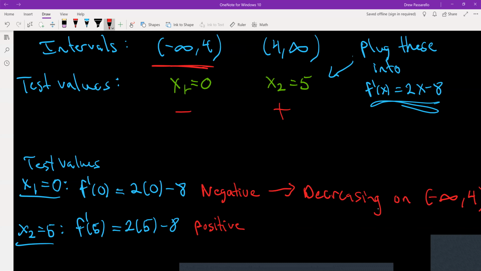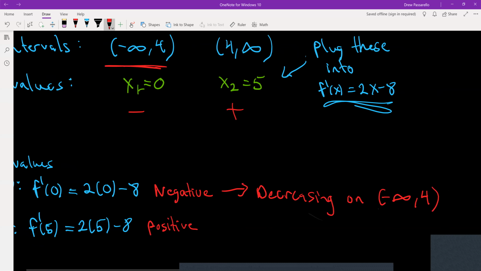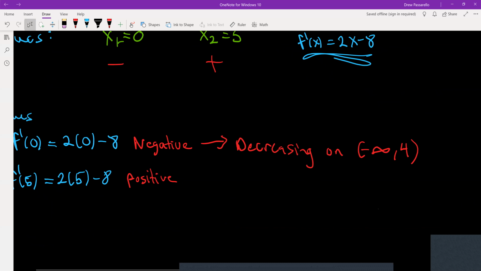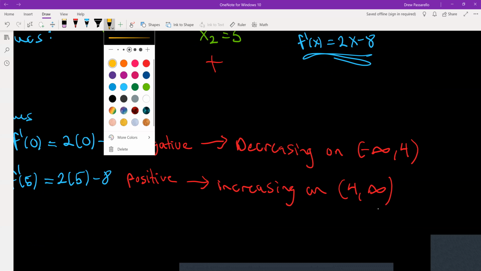So it's positive for that interval, and since it's positive, that implies it's going to be increasing. And that's on the other interval from 4 to positive infinity. All right, so those are my intervals of decreasing and increasing. And I'll just box those.